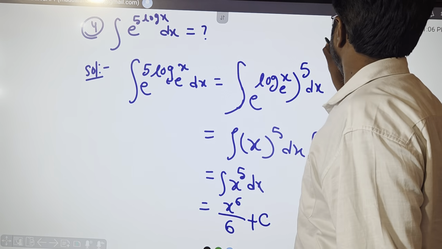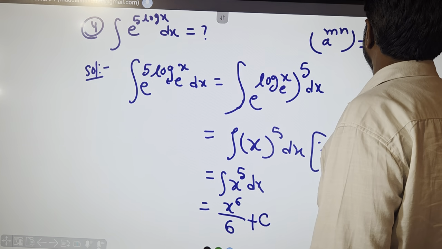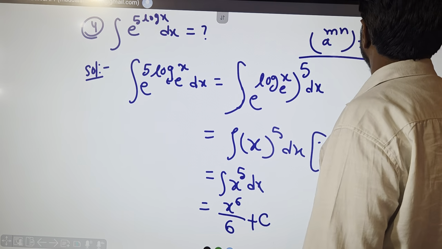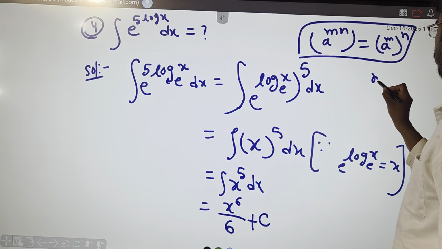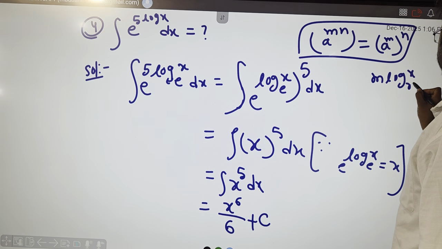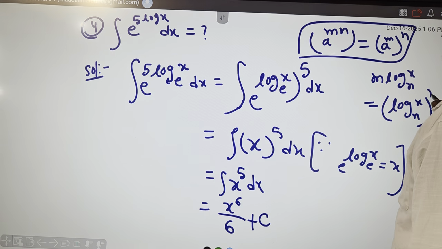We can just learn this: a power mn equals a power m whole power n also. This is the property we used. So m log x to the base n can be written as log x to the base n whole power m.